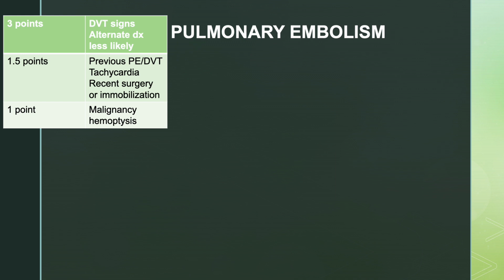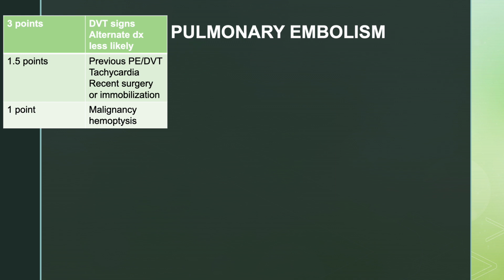Second, 3 points are also given if the alternate diagnosis is less likely. So if you cannot think of anything else, then that's also given 3 points. If you think that apart from pulmonary embolism, there is nothing else going on with the particular patient. Then there are certain other things, and those are given 1.5 points.